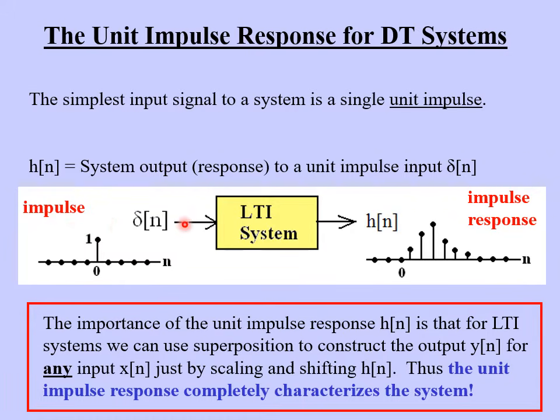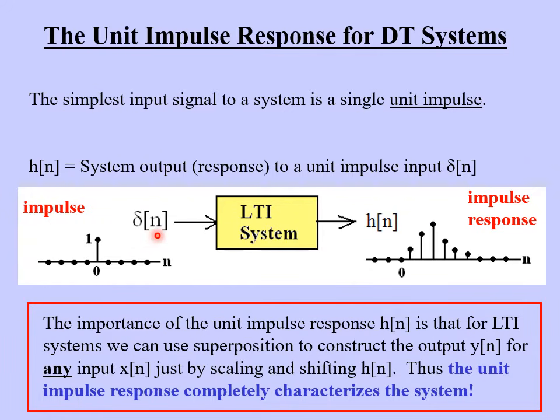If we feed this into a system, then the system is obviously going to respond to this impulse. The output of the system is called the impulse response. It's conventional to use the letter h for impulse response.